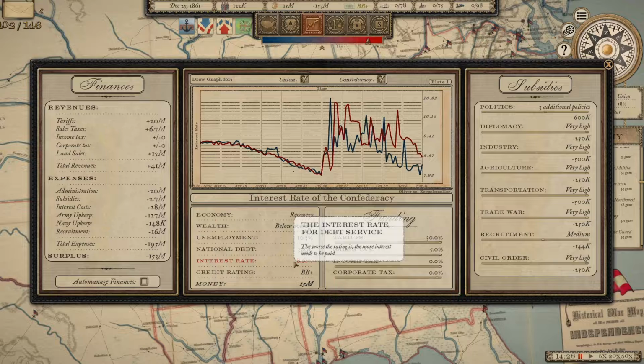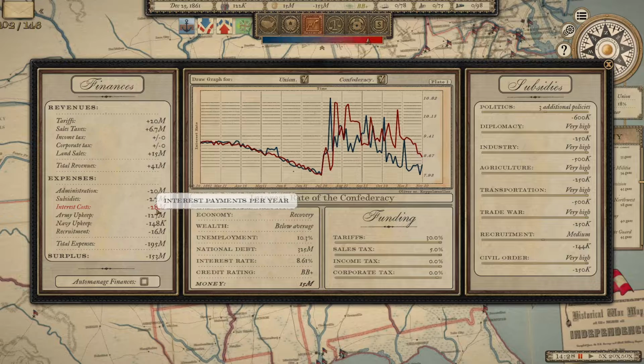This is actually really interesting. I like this. It shows us our historical interest rates. And you can see that they jumped over 10% here. Remember that a 10% interest rate on a $50 million loan means you're adding $5 million to your interest costs every 2 loans you have to take out.